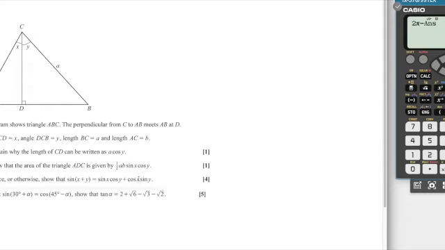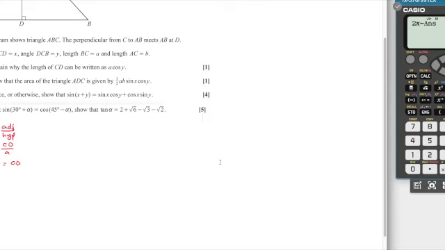Right, by definition, we have cos of Y is adjacent over hypotenuse, and my adjacent is CD over A, so A cos Y is CD. That was a really weird question.